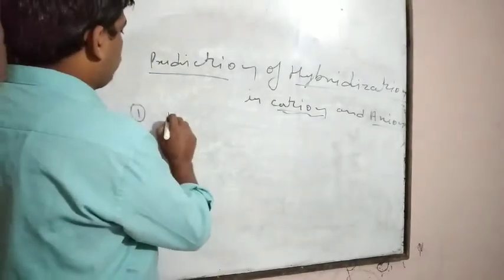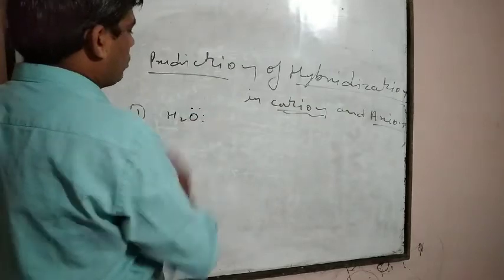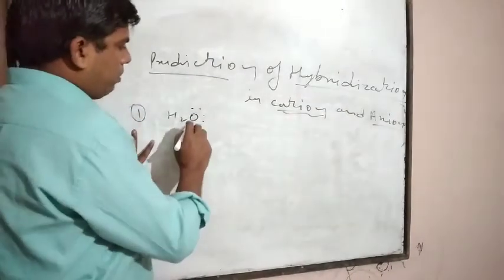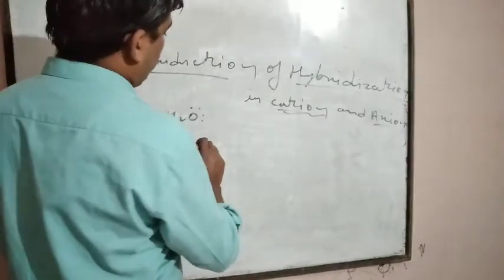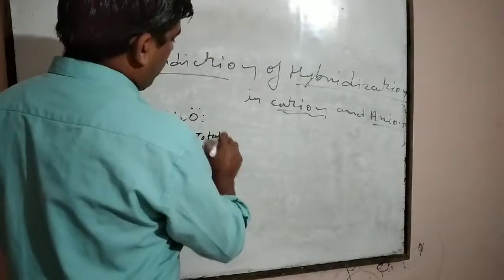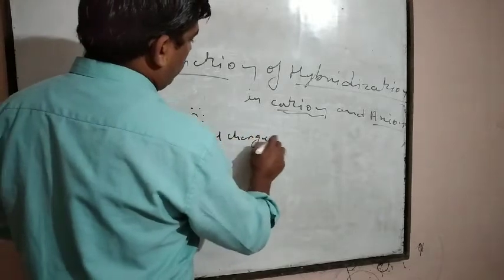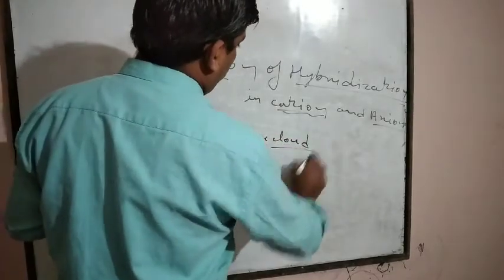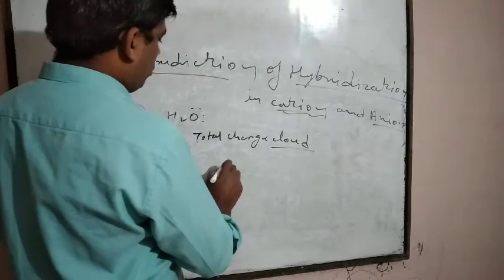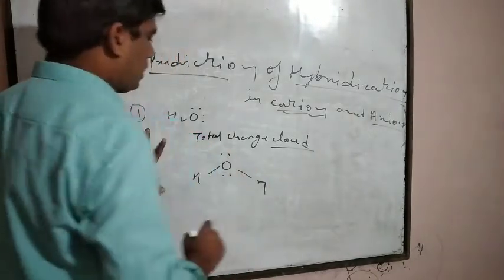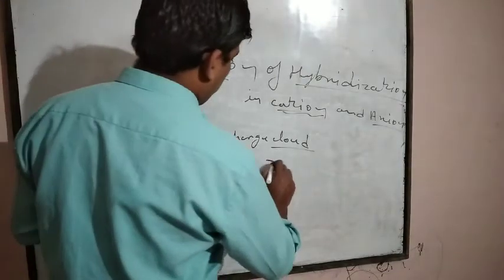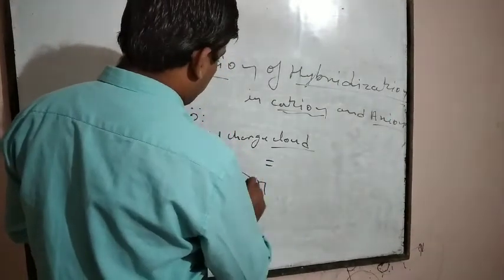For example, if H2O is taken, in H2O oxygen has 2 lone pairs of electrons. If you want to calculate the hybridization of oxygen in H2O, then what happens? Total charge cloud. Oxygen is connected with 2 hydrogen atoms. Total charge cloud is equal to the number of sigma bonds plus lone pairs.